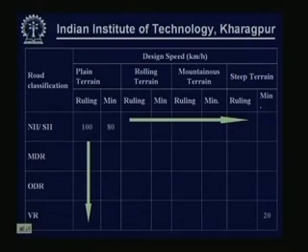So, here again terrain wise, as we move from plain terrain, which is a smooth terrain, to a difficult terrain, again there is a reduction in the design speed. Now, for each terrain, as you can observe from the table, two columns are there. One is ruling, the other is minimum.